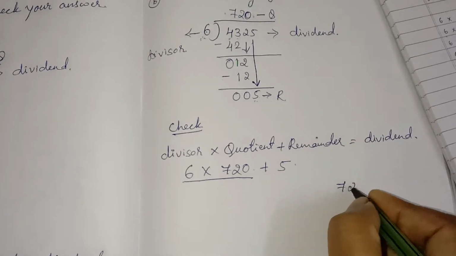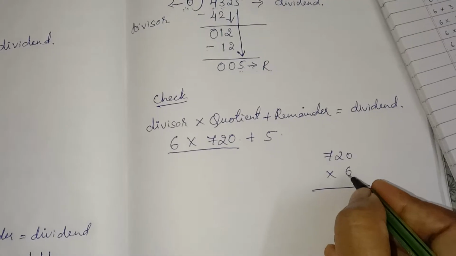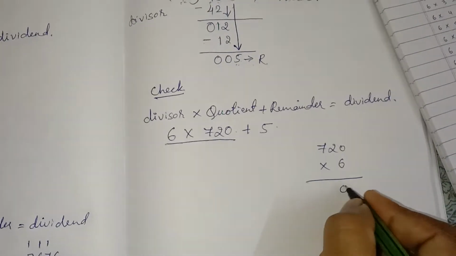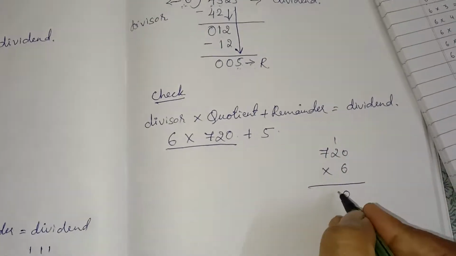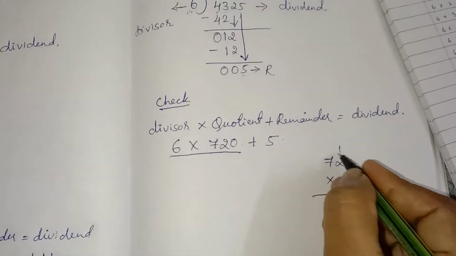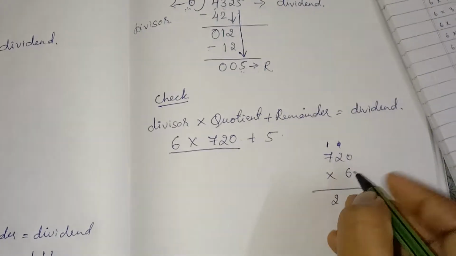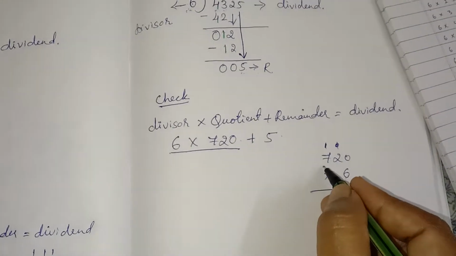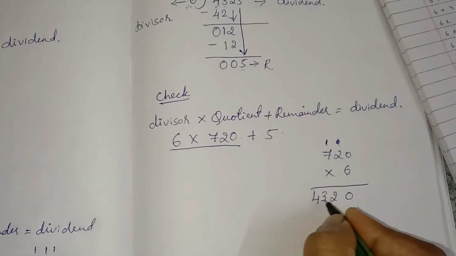720 into 6. 6 zeros are 0. 6 twos are 12. 6 sevens are 42 plus 1 is 43.